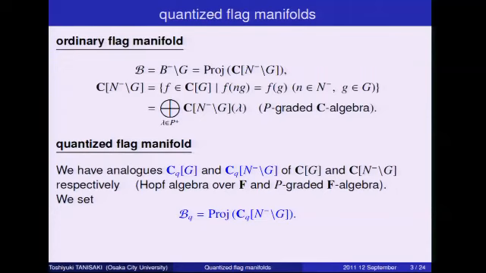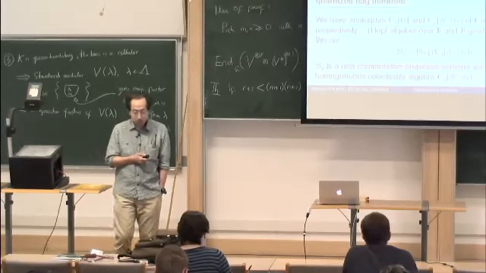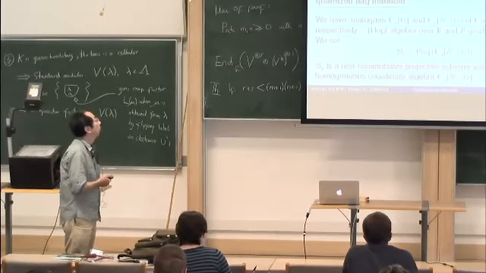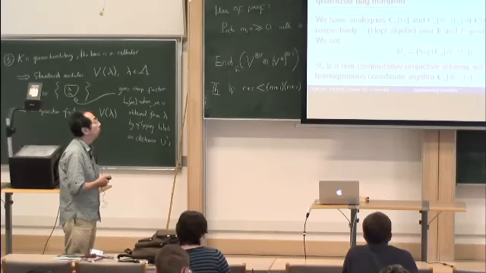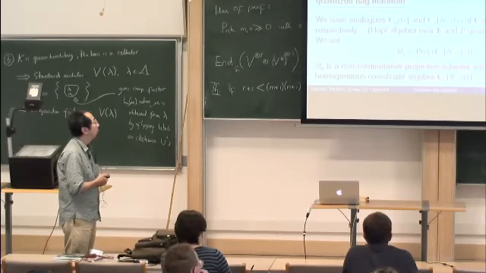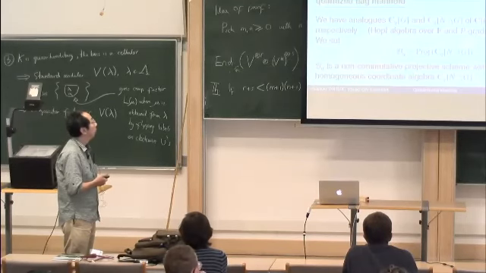But there is one problem in defining this, since this ring is not a commutative ring. So it is a non-commutative ring. So we need to consider Proj of some graded non-commutative ring. So this B_q is a non-commutative algebraic variety, a non-commutative projective scheme with non-commutative homogeneous coordinate algebra.